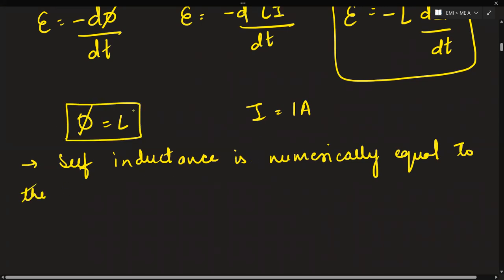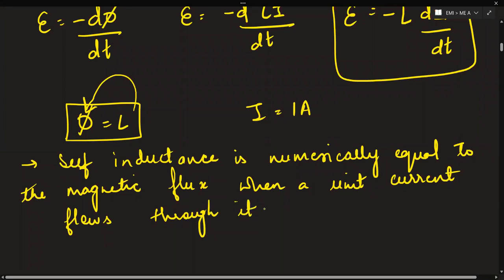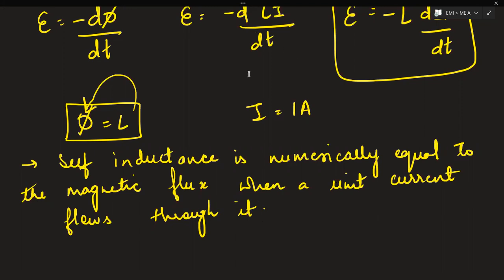So the self-inductance is numerically equal to the magnetic flux when a unit current flows through. This is the definition of self-inductance. From here, I think if theoretical questions come, then these are enough.